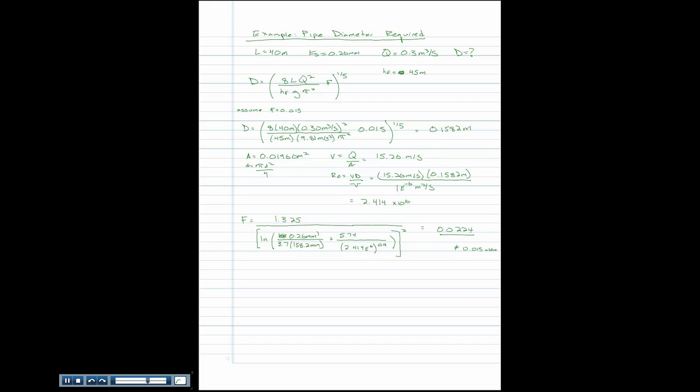So what do we have to do? Well, in our next round of calculations, we're going to use the same formula as before, but we have a little bit better guess of what the f value is. So we're going to use that improved guess of the f value. So the d will be 8 times 40 meters, squared, divided by 45 meters, 9.81 meters per second squared, pi squared, and 0.0224 to the 1/5 power. I guess I should have found the intermediate quantity of all this, because none of that's changing as I change the f value.